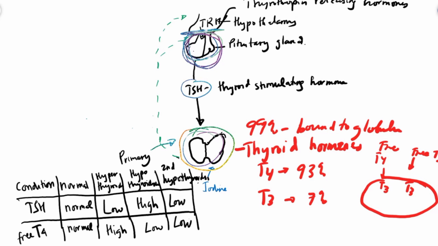But in secondary hypothyroidism, the body also has a low TSH level because the pituitary gland doesn't work. So the pituitary gland does not respond to low T4 or low T3, and therefore when you do the lab test, the free T4 is low and the TSH is low.